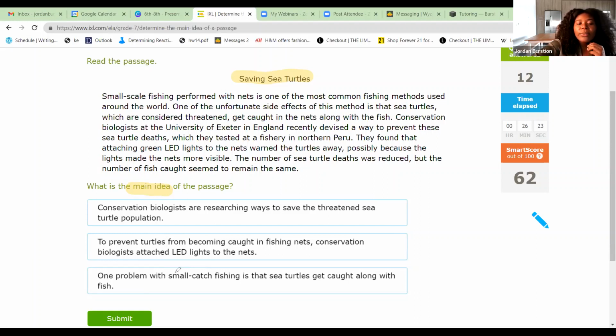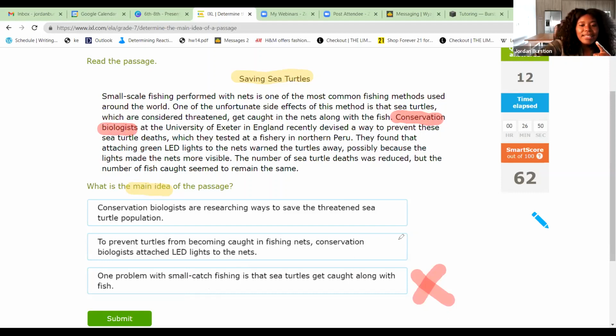The third one, the problem with small catch fishing is the sea turtles get caught along with the fish. Now I'm glad neither one of you said this third option, because this third option ignores some pretty important information. The fact that conservation biologists are working on reducing this problem.